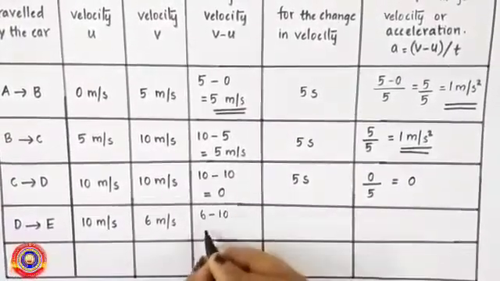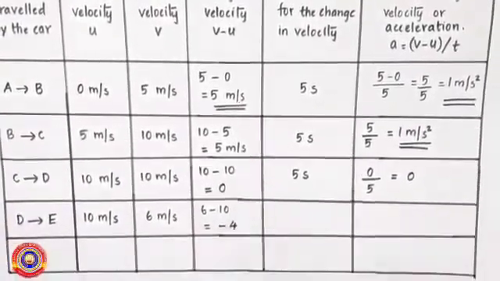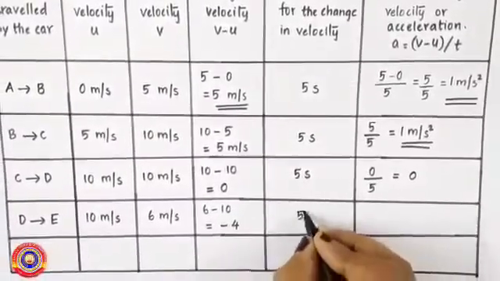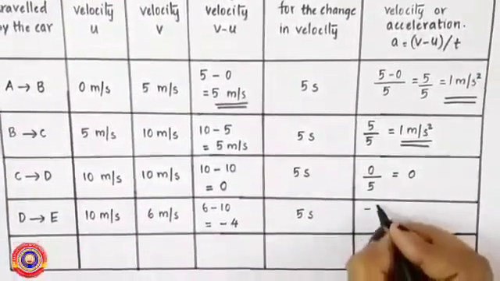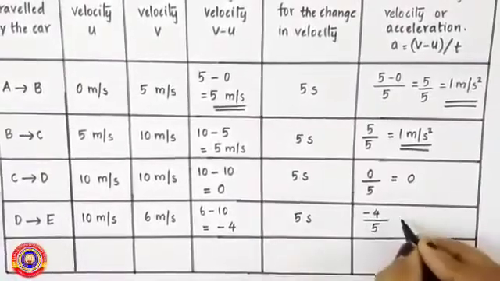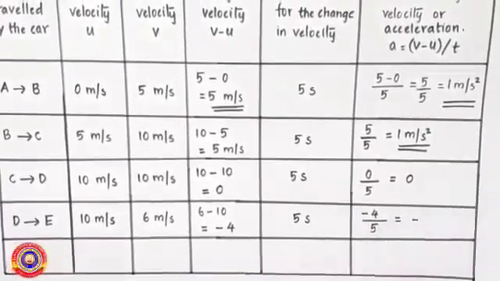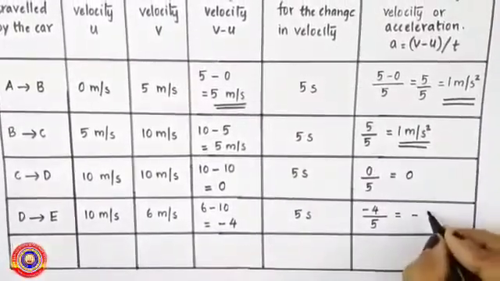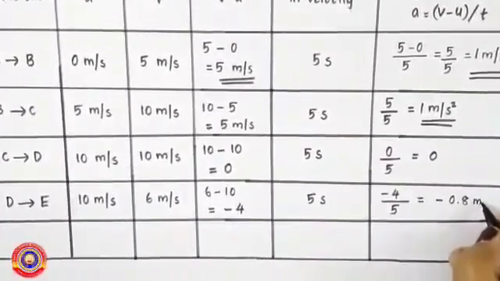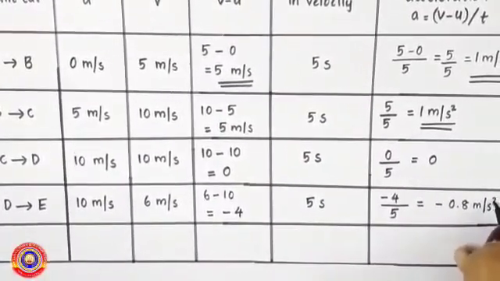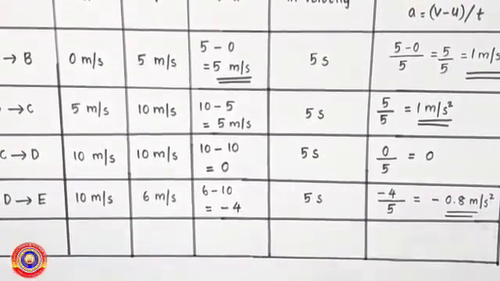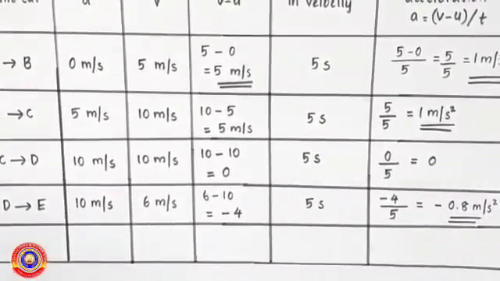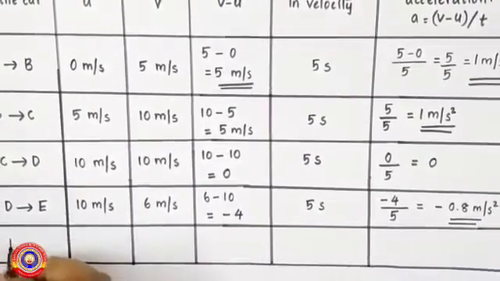Here the final velocity is 6 and the initial velocity is 10. So 6 minus 10, that is equal to minus 4 meter per second. And the time taken is 5 seconds. The rate of change in velocity equals minus 4 divided by 5. That is equal to minus 0.8 meter per second square.